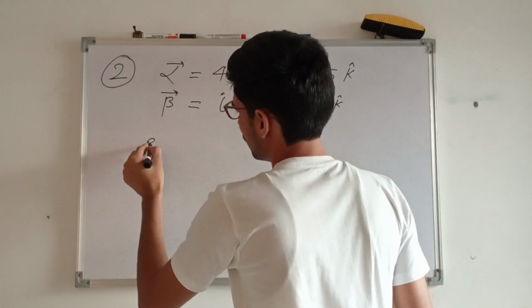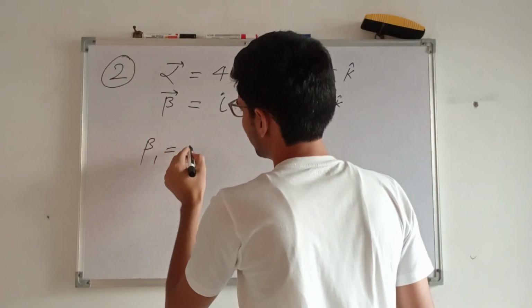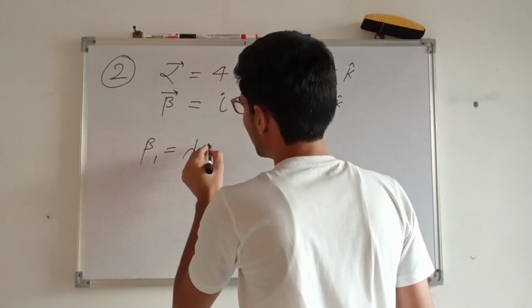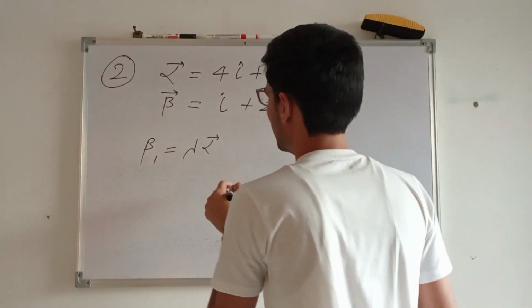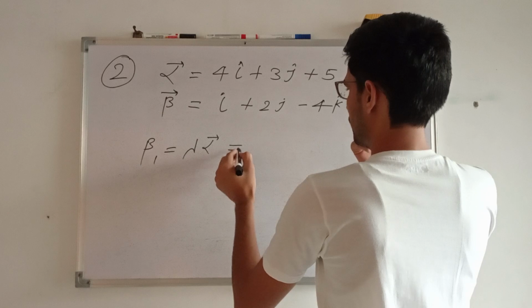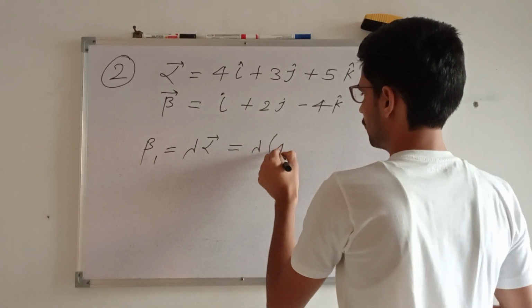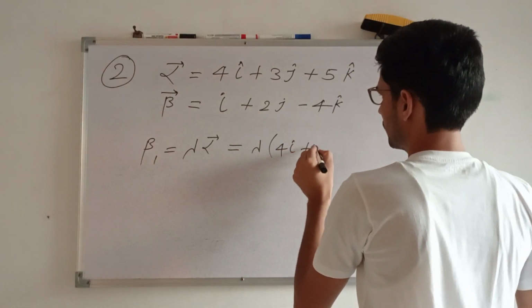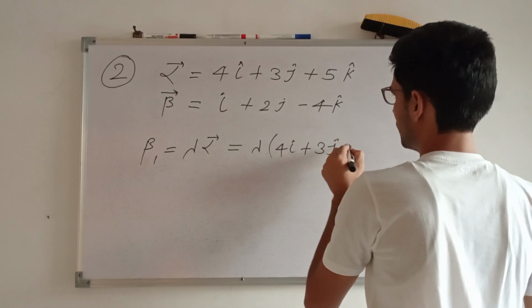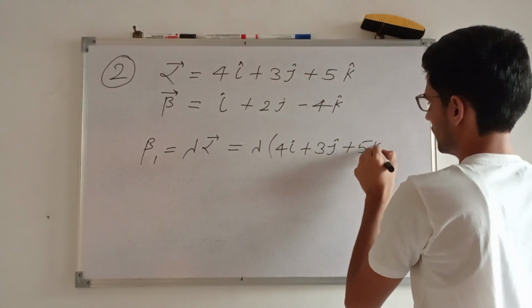Beta 1 is parallel to alpha, that means beta 1 is equal to lambda times vector alpha, which is lambda into 4i cap plus 3j cap plus 5k cap.